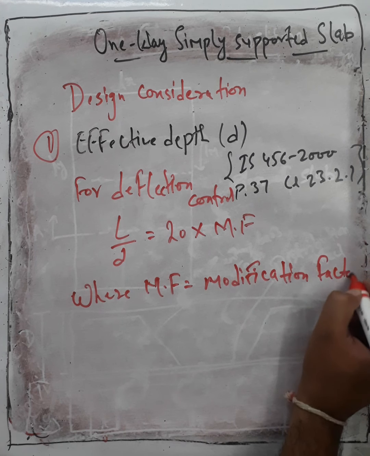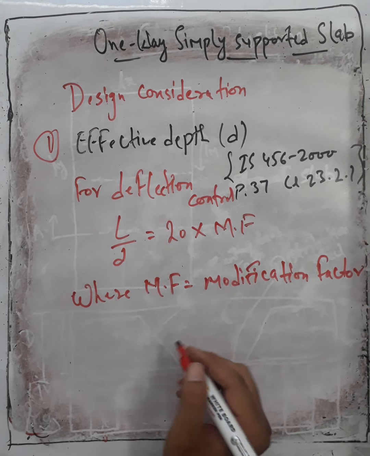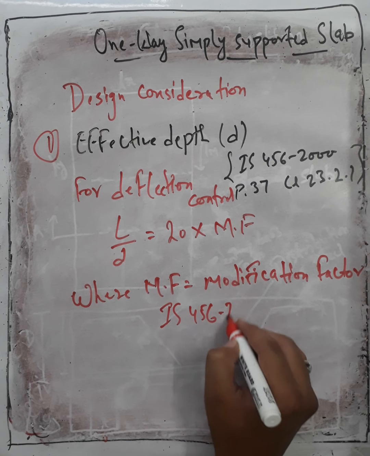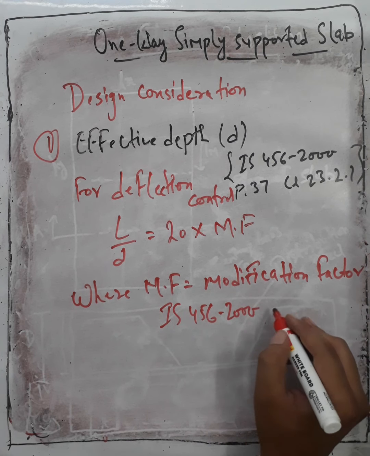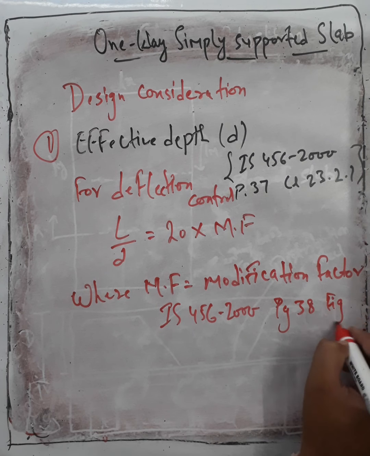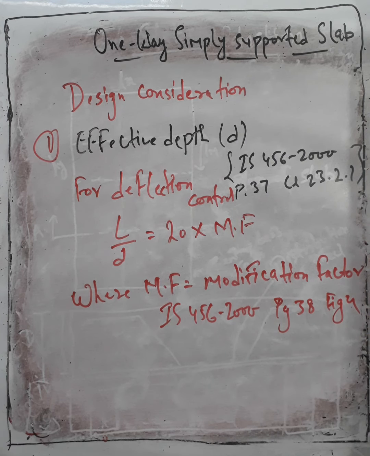This factor is given in IS 456/2000, page number 38, figure number 4. Remember that when you use any clause in your problems or in your theory part, you have to give the reference of that code, page number and clause.